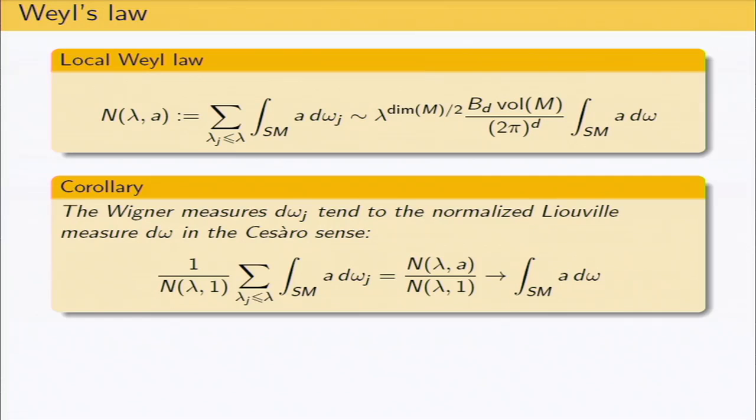So in particular, if the Wigner measures have a limit, then that limit can only be the normalized Liouville measure, because in the Cesaro sense, it tends to there.